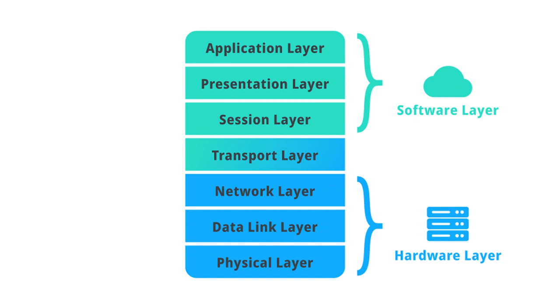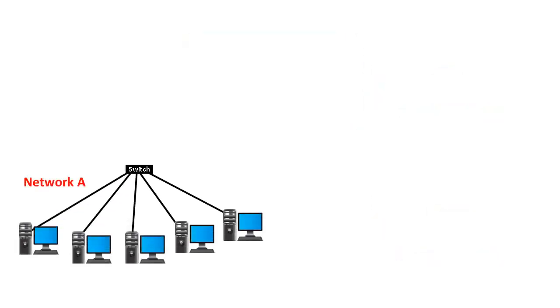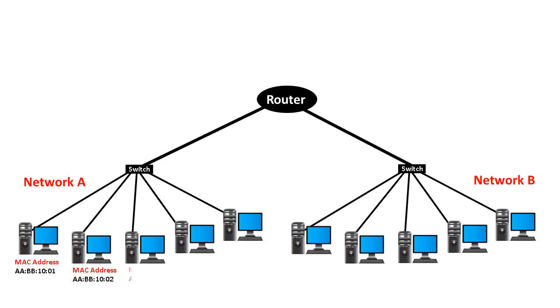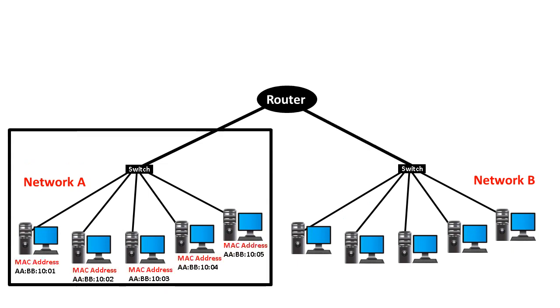A router works at the network layer of the OSI model, so it can connect two or more separate networks. A switch can send data packets to all connected computers in a single network, because a switch works at the data link layer of the OSI model, and it identifies the MAC address of each computer connected in a network.